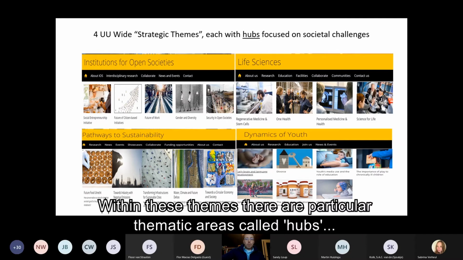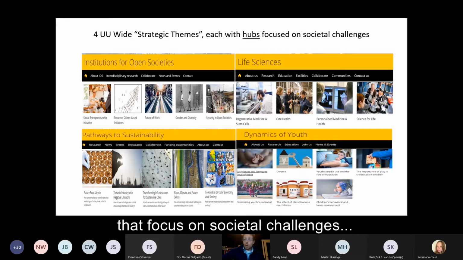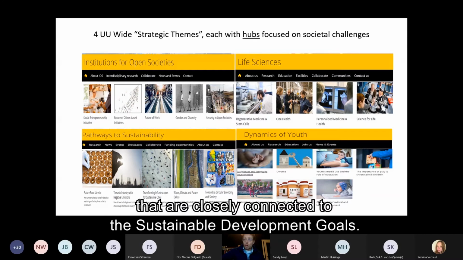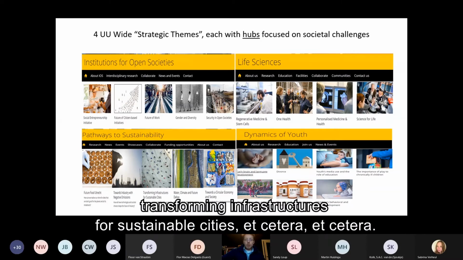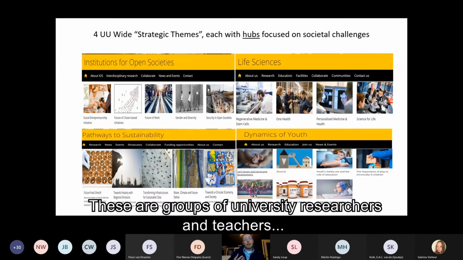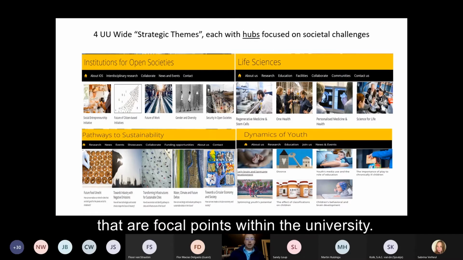Within these themes, there are particular thematic areas called hubs that focus on societal challenges that are closely connected to the Sustainable Development Goals. So, for example, the future of work, the future of food, transforming infrastructures for sustainable cities, etc. So these are groups of university researchers and teachers that are focal points within the university.